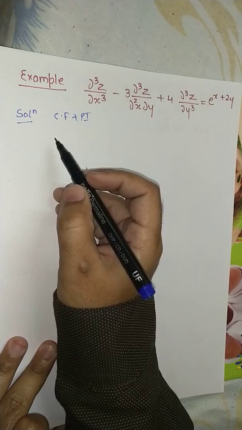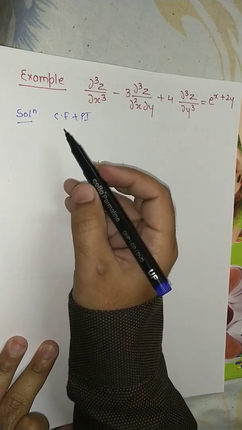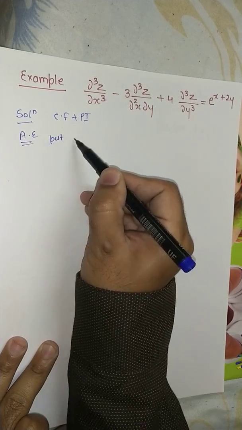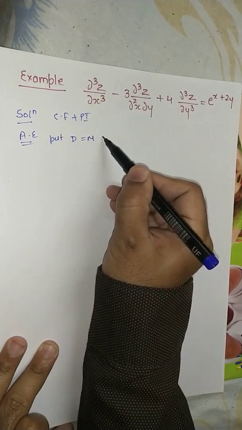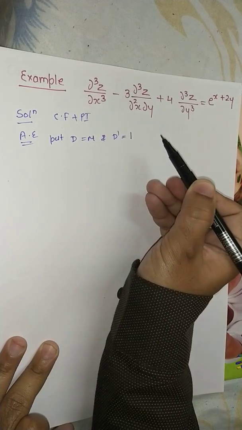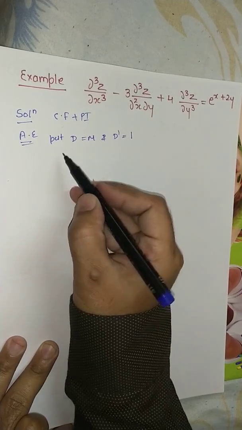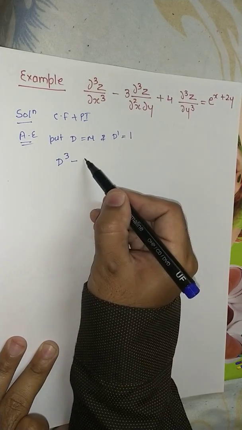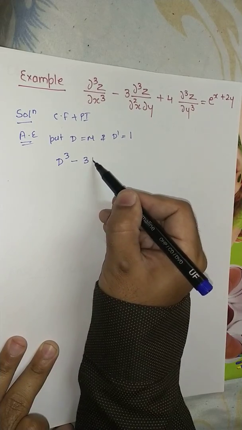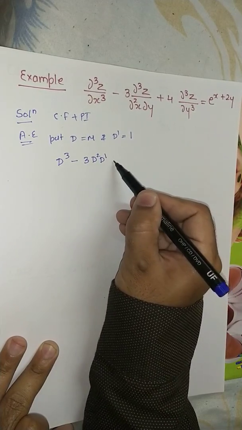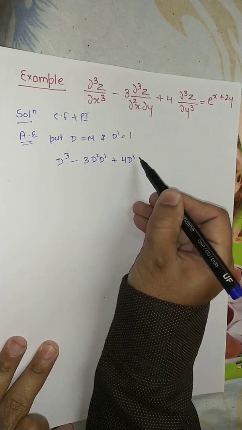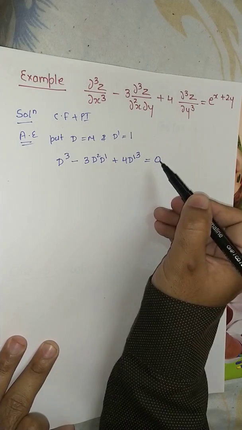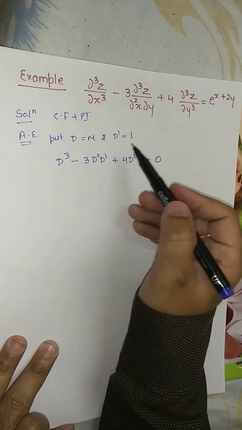To find the complementary function, we write the auxiliary equation. The auxiliary equation is given by putting D as m and D dash as 1. So the above equation becomes D cube minus 3 D square D dash plus 4 D dash cube is equal to 0, and in this equation we substitute D as m and D dash as 1.